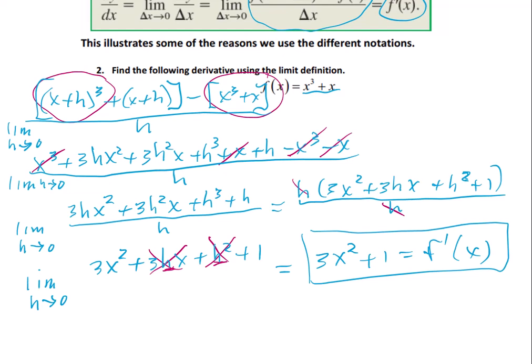For instance, if I plugged in 2 for x, I could say f prime of 2 equals 3 times 2 squared plus 1, which would equal 12 plus 1 equals 13. So when x is 2, the slope of the tangent line at that point is 13. Pretty cool.